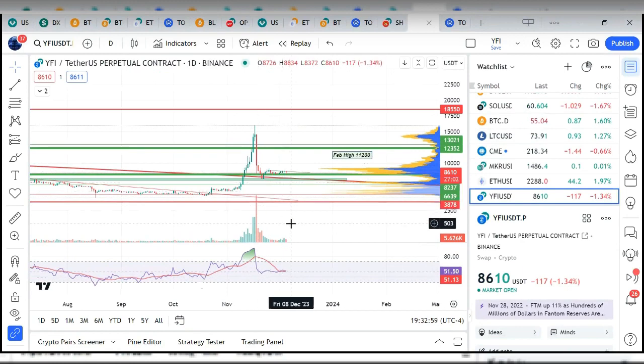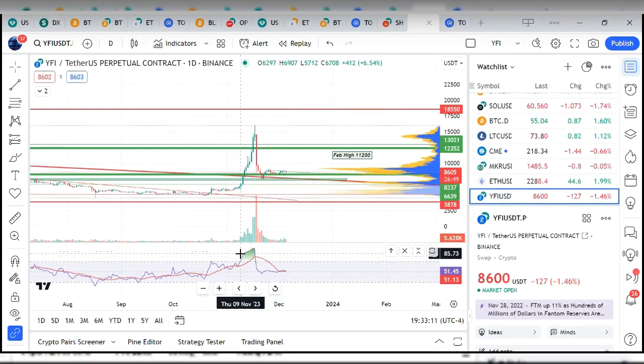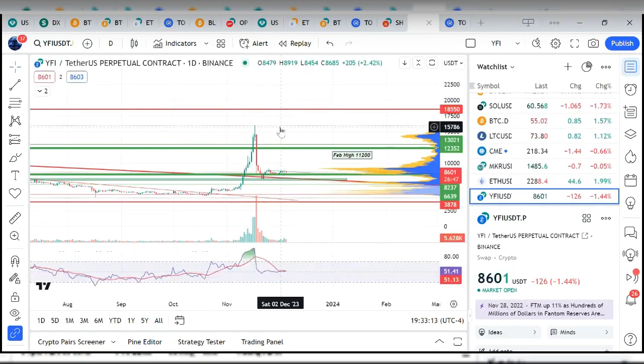So anytime you see the RSI starting to go above the 88 level or 85 level, you know it's time to get out of your trade, because the price will retrace back. And look at that drop. It went from almost 16,000 straight down to 7,500.